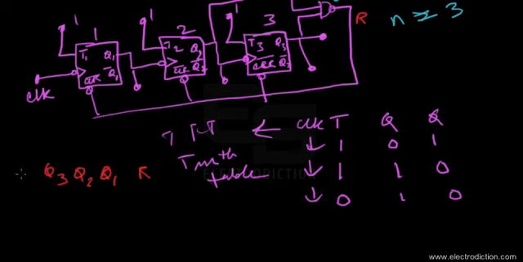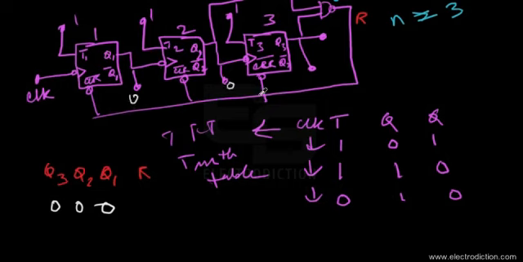Having the clock input at flip-flop 1, if we assume that all the flip-flops have their outputs set at logic level 0, then they will all be at 0 0 0 in the beginning.